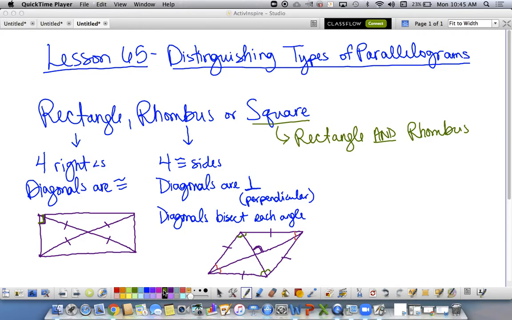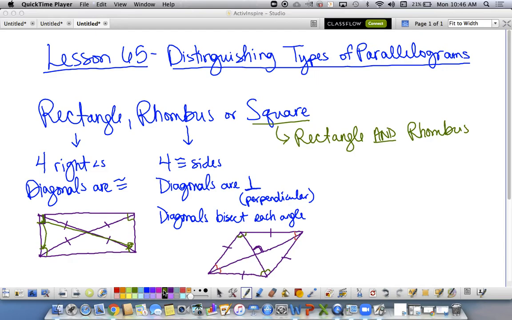Why is that? Because opposite angles in a parallelogram are congruent, so this would be a right angle. And consecutive angles, the angles next to each other, are supplementary. So if this is 90 degrees, then this would be 90 degrees. Hence, they're all 90 degrees. We only have to know one.